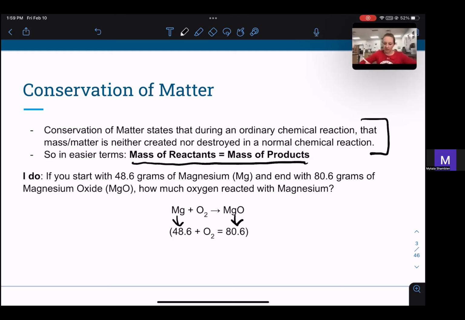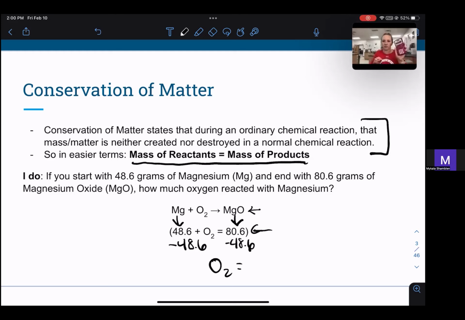So notice how our chemical equation right here has now just become a mathematical problem. That's all this is going to be. And so obviously we're going to subtract 48.6 from both sides to get our mass of oxygen.